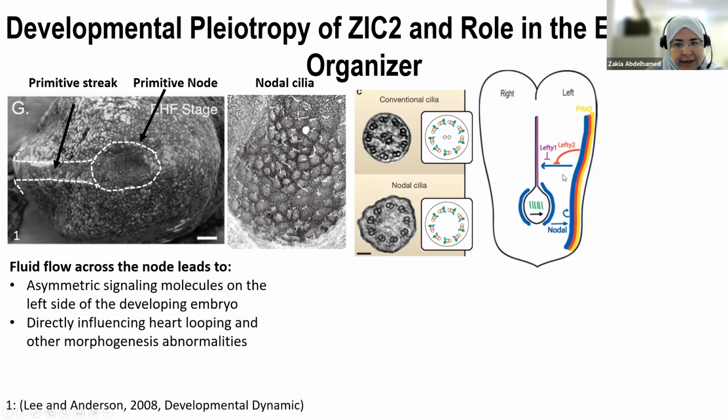This is detected here as nodal signaling. The cilia beating moves fluid from right to left, directing the fluid containing the morphogen to the left side, and this leads to the breaking of organ symmetry during early development.